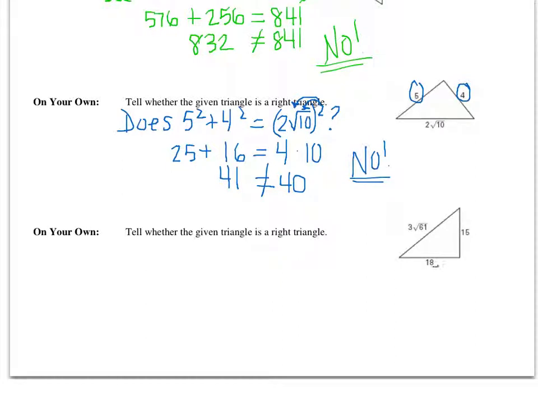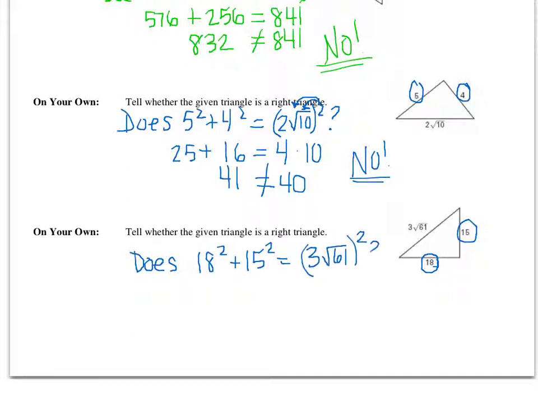Looking at this next one, it looks like 18 and 15 are our legs. So we're asking ourselves, does 18 squared plus 15 squared equal 3 times the square root of 61, that whole quantity squared? That's what we're asking ourselves. 18 squared is 324. 15 squared is 225. And then give your squared to both of these things here.